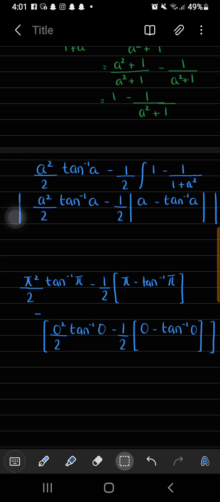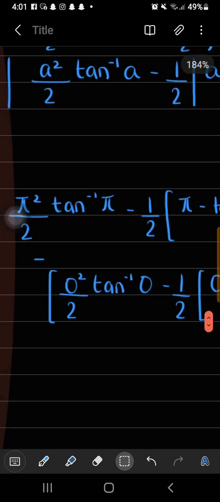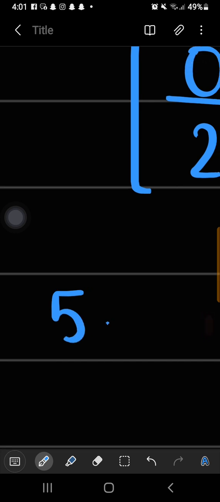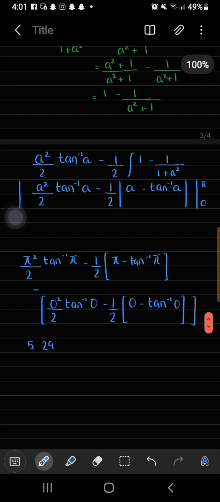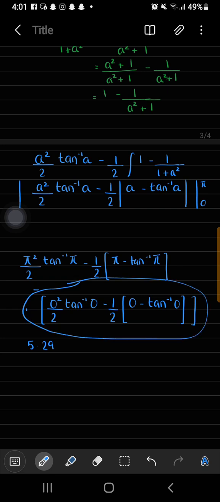Before subtraction, I can write the decimal value for this: it is 5.29. Then we have this remaining, I think this will be 0.